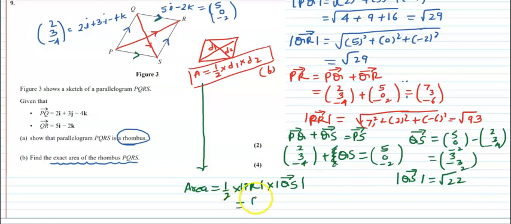So it should be 1 by 2 modulus of PR, that is root 93, and modulus of QS is root 22, and if we simplify, it should be 22.616 unit square. So this will represent the area of this rhombus.